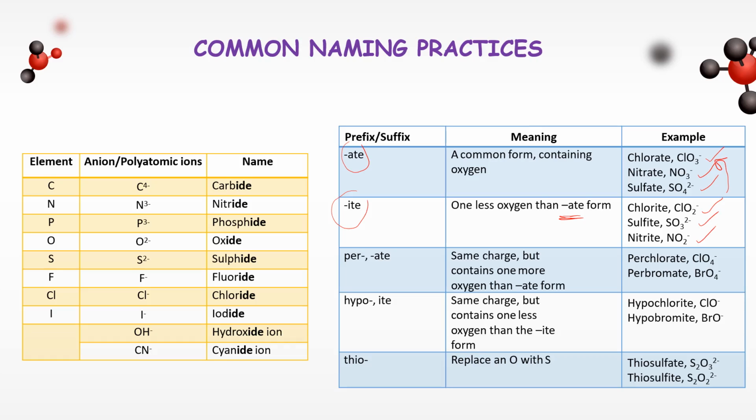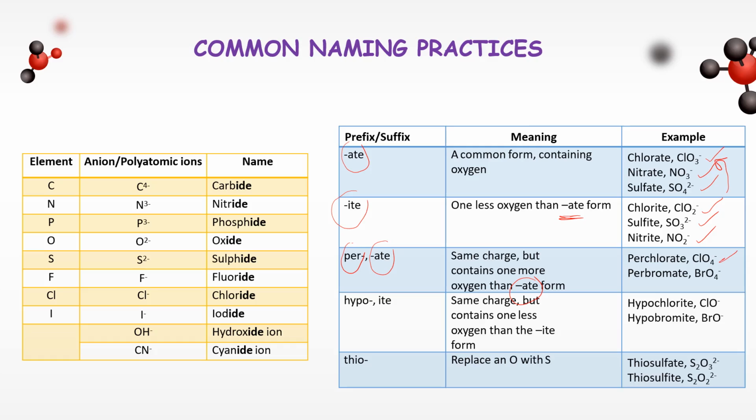Then we have the prefix "per" and suffix "ate". Here the charge is the same but it contains one more oxygen atom than the "ate" form. So here we have perchlorate ClO4-, so we have one extra oxygen atom.